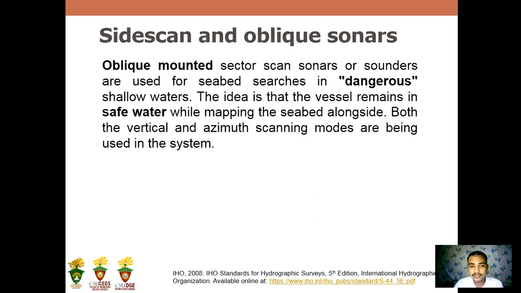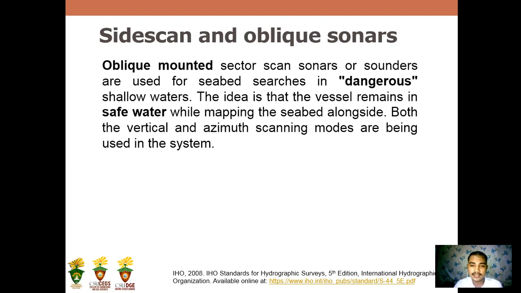So for example class, the oblique mounted sonar is used when you are surveying a river and you cannot cover the river banks. Say for example that part is shallow. So the oblique mounted sonar is used to have coverage so that we still get data on the sides, the river banks.